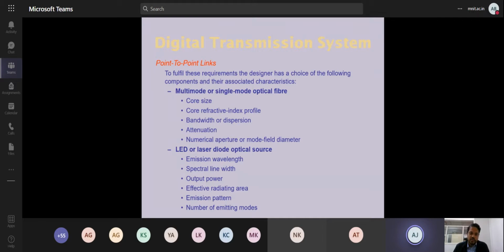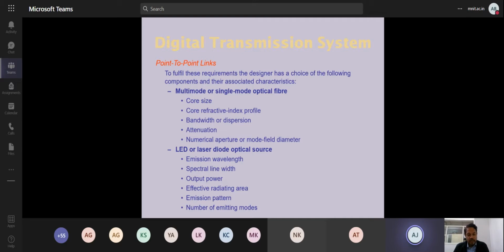The effective radiating area, of course, if the source used is LED, the radiating area is higher, and it is easier to couple onto multimode fibers. And if you're using a laser, then the effective radiating area is much smaller.